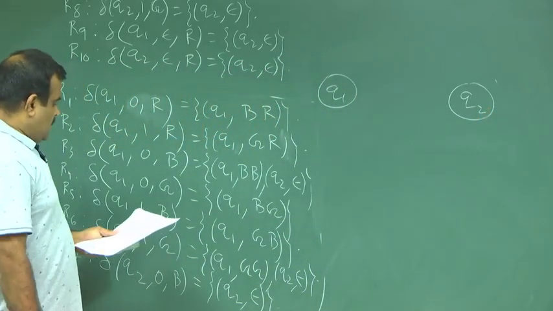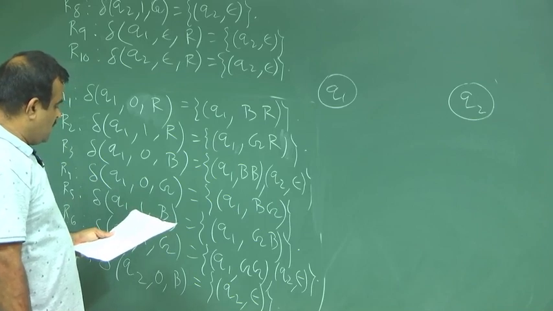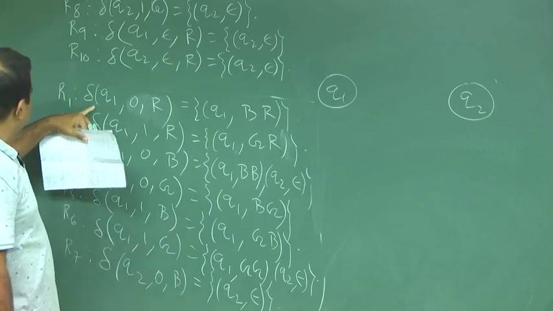Okay. Now, from Q1 if we see a 0, let us write this move.